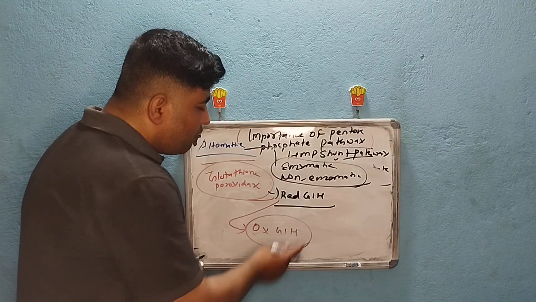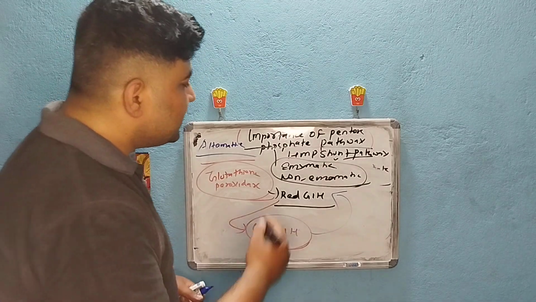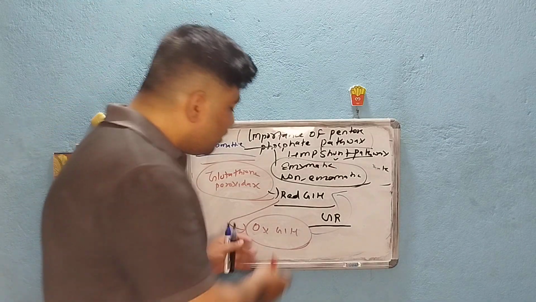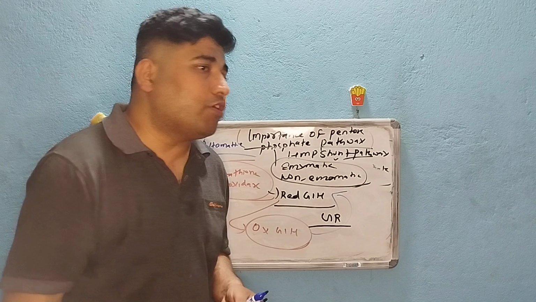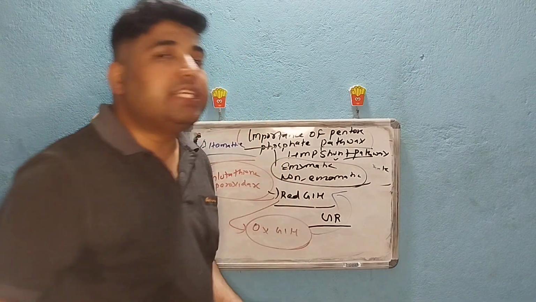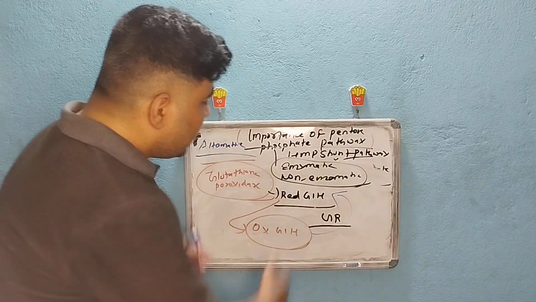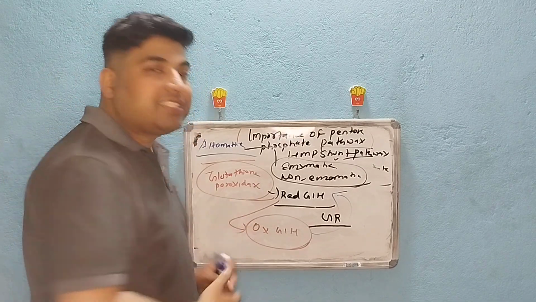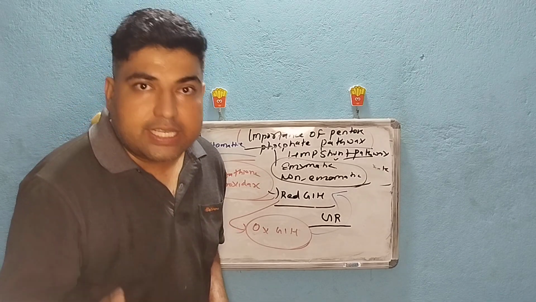For the regeneration of reduced glutathione, we require an enzyme called glutathione reductase, because the oxidized form of glutathione is biologically inactive and must be converted back into reduced glutathione. The conversion of reduced to oxidized glutathione happens in the reaction catalyzed by glutathione peroxidase during neutralization of free radicals.